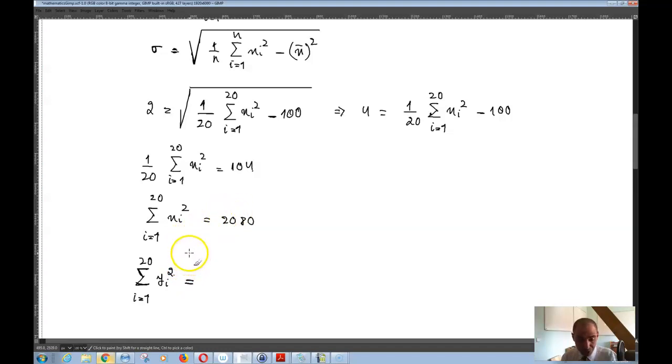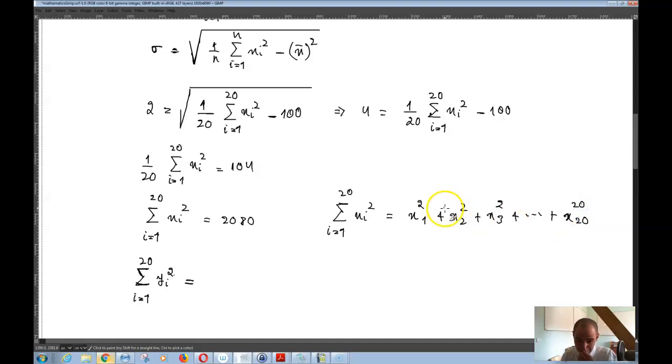I'm going to need to take this from the sum of x of i squared. So you know that if I were to expand the sum of x of i squared as i goes from 1 to 20, that would be x of 1 squared plus x of 2 squared plus x of 3 squared, plus all the way up to x of 20 squared.